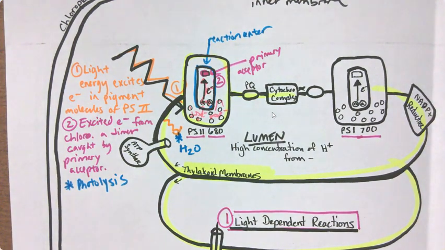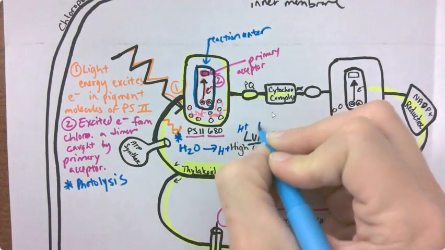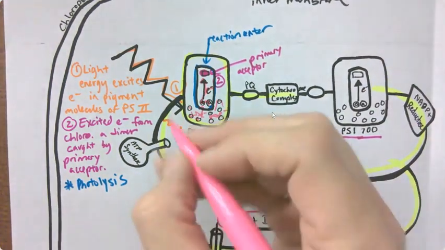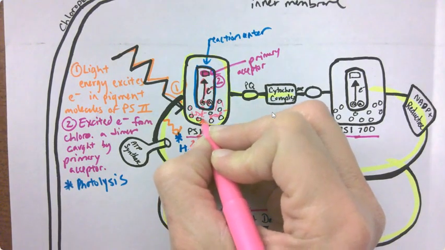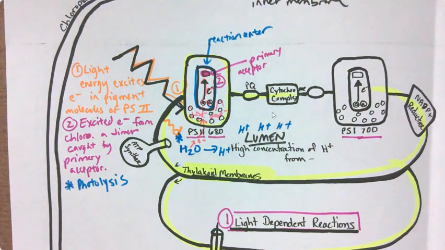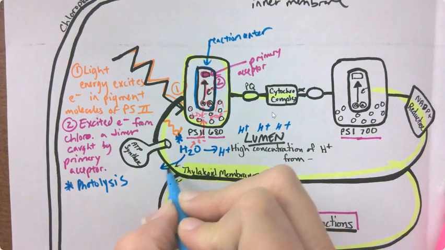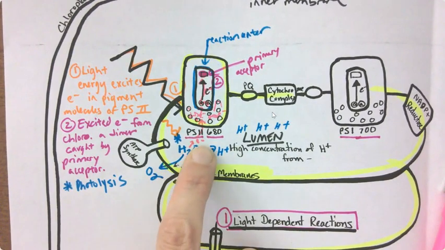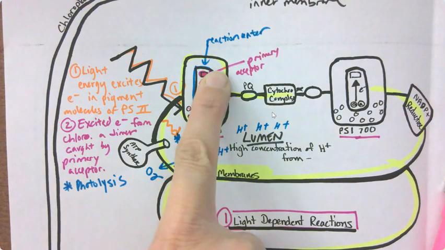This water splits up into protons, which help create a proton gradient in the lumen, electrons, which replace the missing electrons from this chlorophyll A, and the oxygen that's left over leaves as a waste product of oxygen gas. Okay, so photolysis is replacing the electrons that went missing when we bump up these electrons from the pigments to this primary acceptor protein.